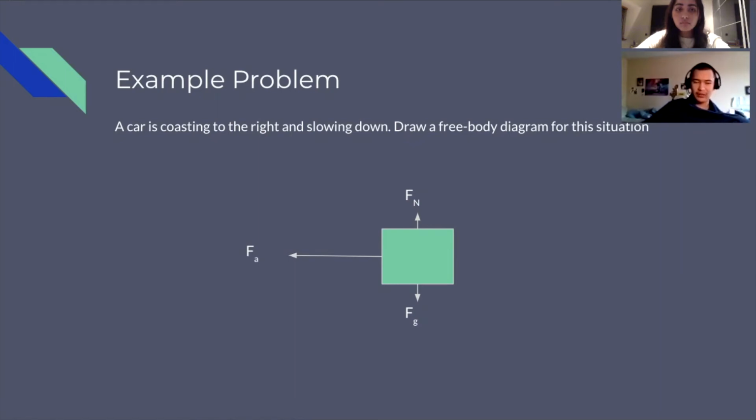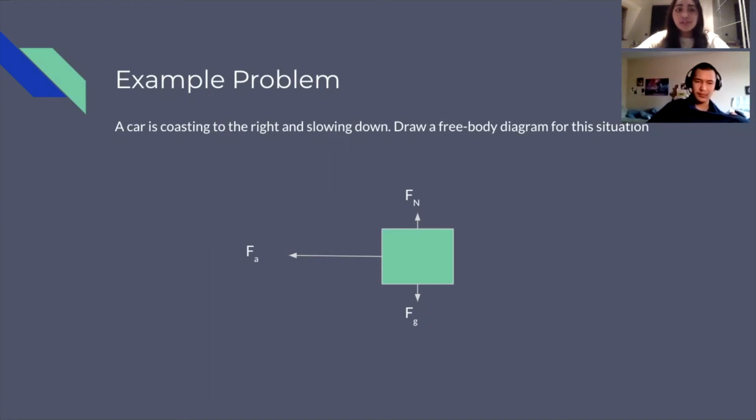And then, of course, you have to add the force of gravity, which is its weight, pointing downwards, and the normal force, which is, in this case, opposite the force of gravity with the same magnitude.